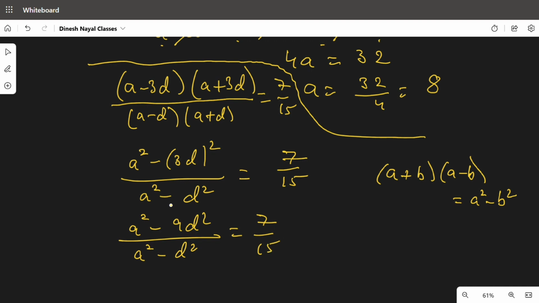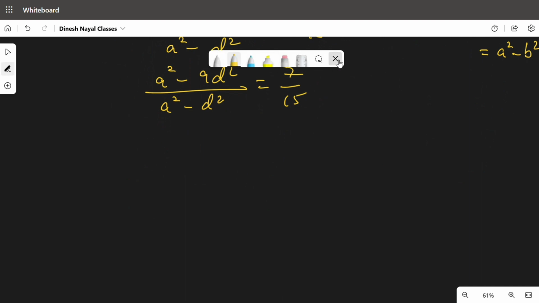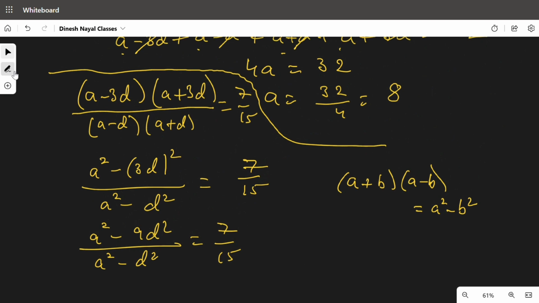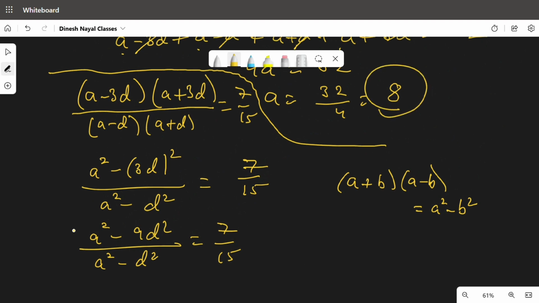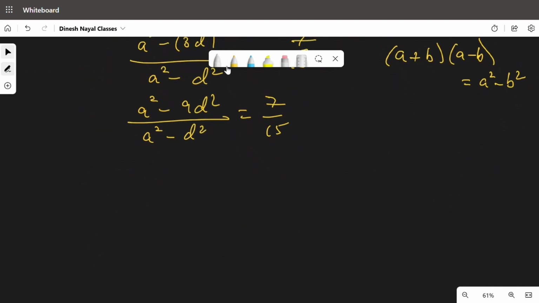Okay, so let's take this down because we are going to solve this. One more thing, sorry for this. We have calculated the value of A, which is 8, so we can substitute it. 8 square is 64.